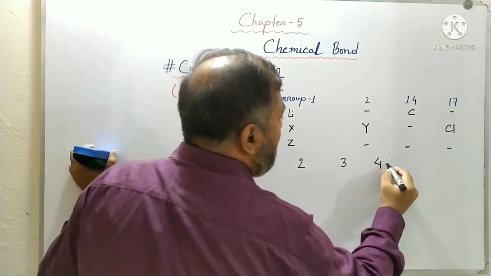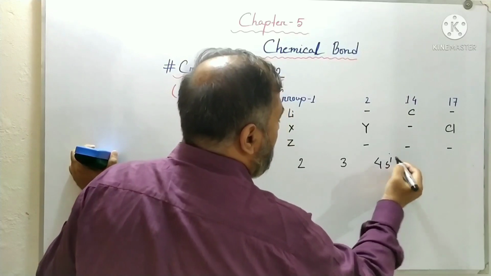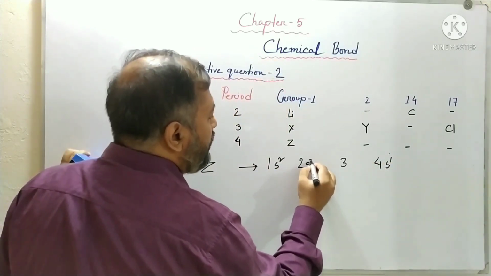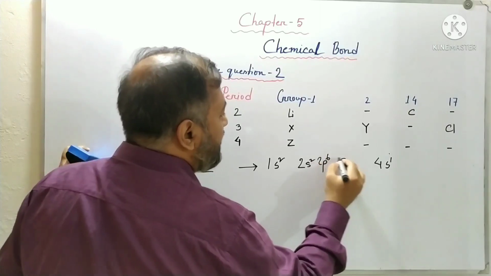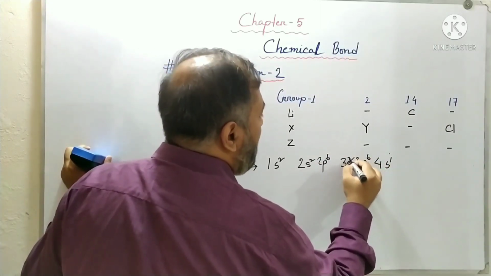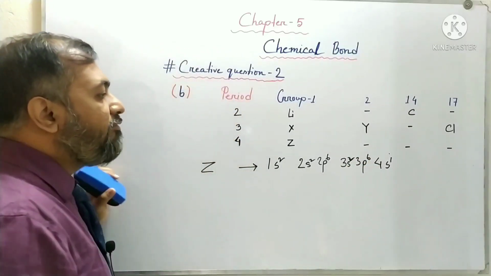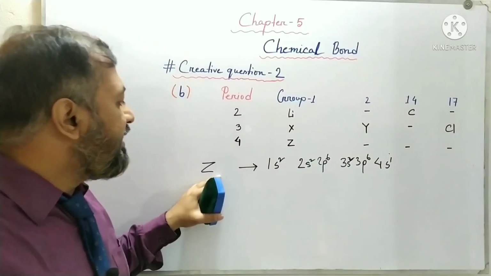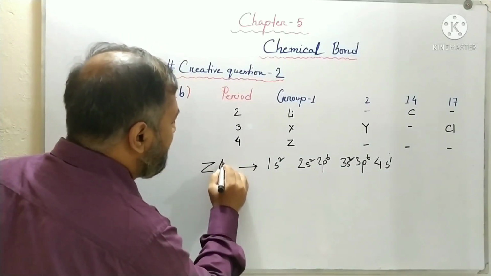So we can write down here 4s1. And now we complete the electronic configuration: 1s2, 2s2, 2p6, 3s2, 3p6. So from the electronic configuration, we can find out that the total number of electrons present in Z is 19.